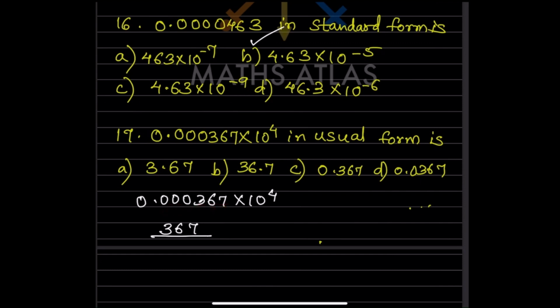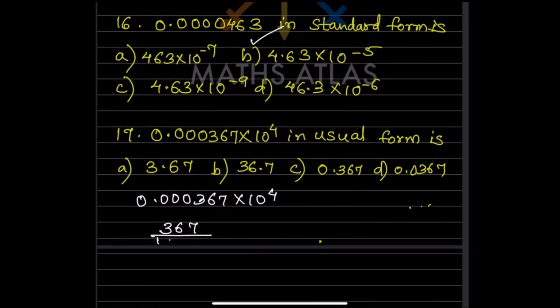So we are going to write 6 zeros into, now 10 raised to 4 means we can write here 1, 2, 3 and 4. So now we can cancel 1, 2, 3, 4 zeros. So what remains is 367 divided by 100.